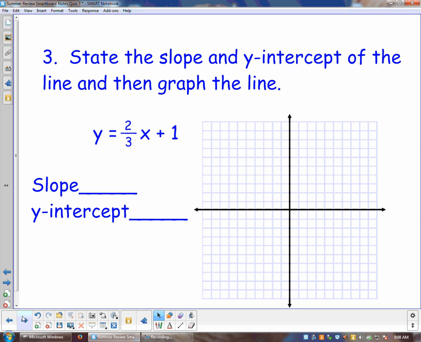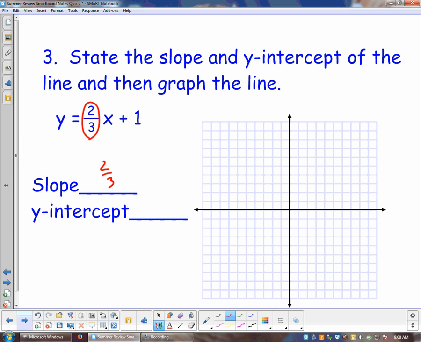So here we're going to state the slope and the y-intercept of the line and then graph the line. So we have y equals 2/3 x plus 1. The slope is this number right here being multiplied by the x, so the slope is 2/3. My y-intercept is this number right here, which is 1. So I'm going to start by plotting that y-intercept right here on the y-axis at 1.